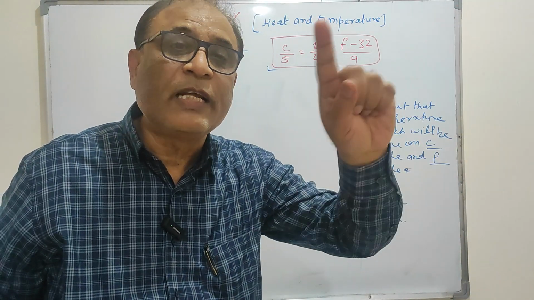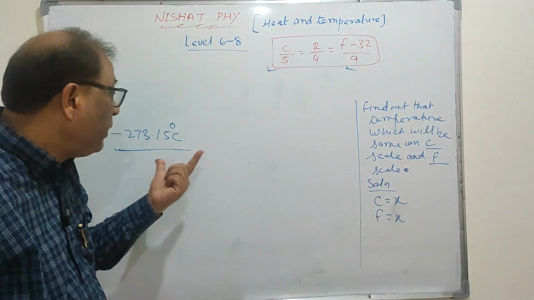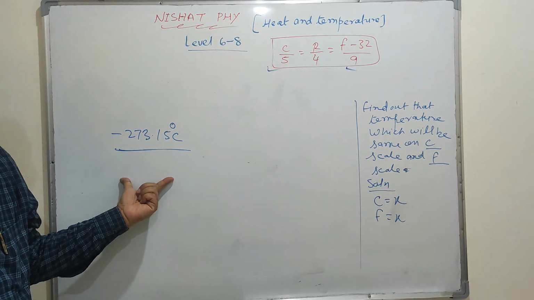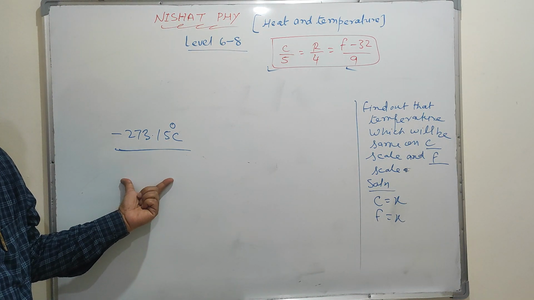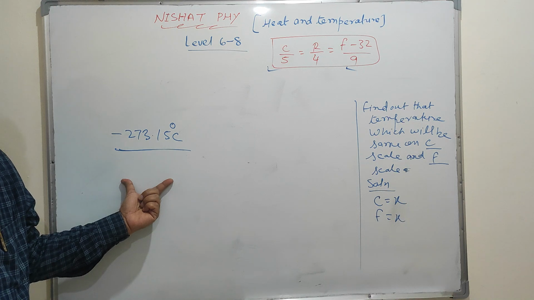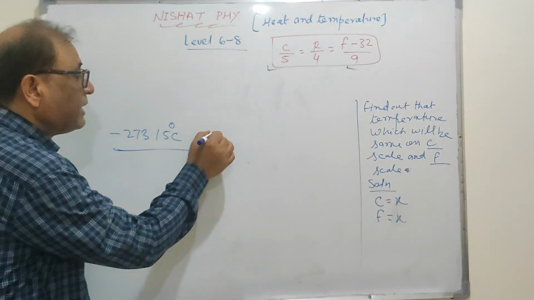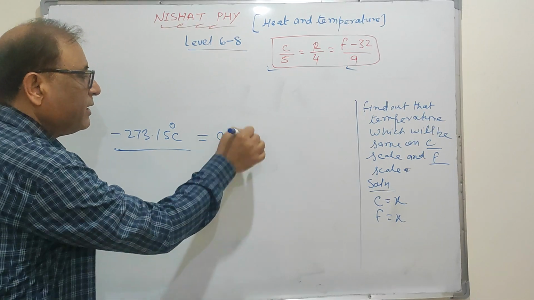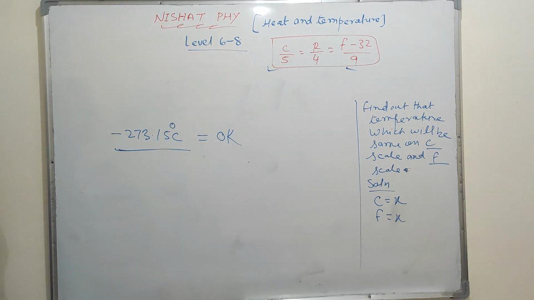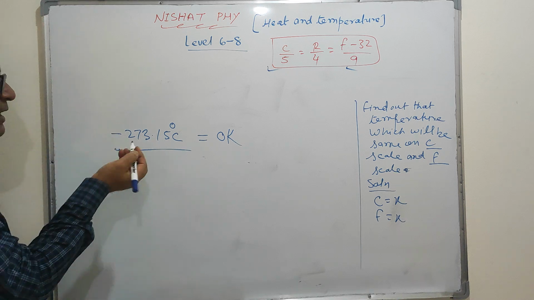So that 0 is not absolute. But below this temperature is not possible. Any temperature in the universe doesn't go below this, so it is known as 0 Kelvin, my dear.